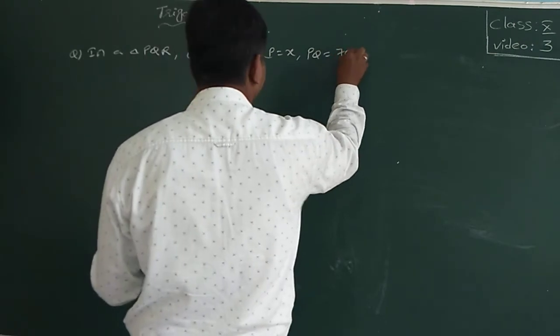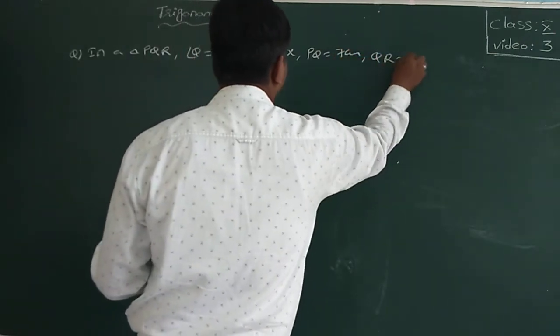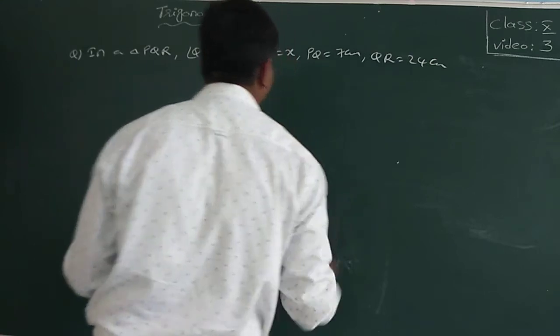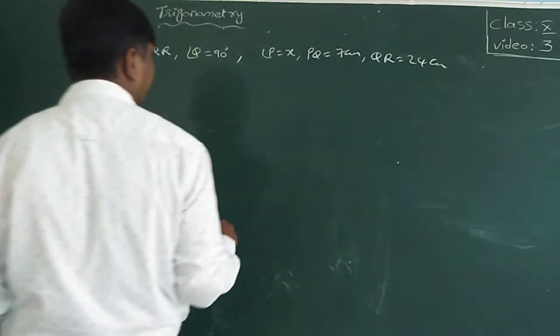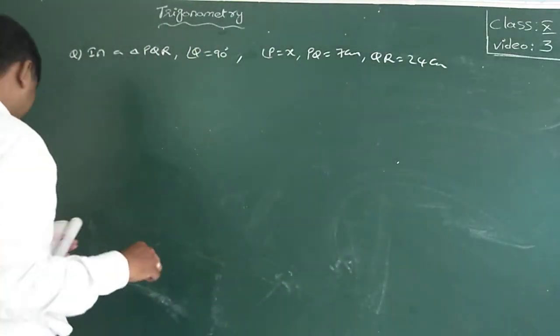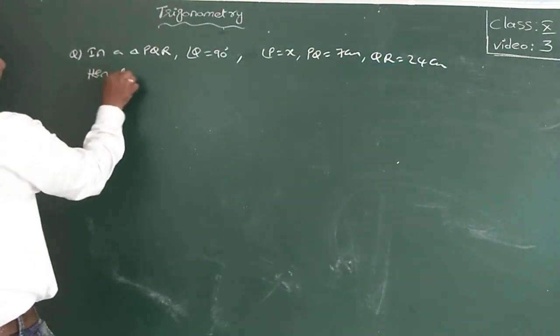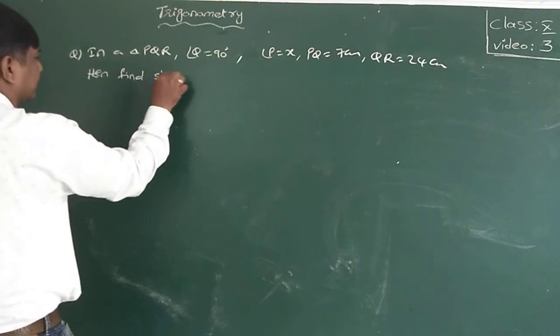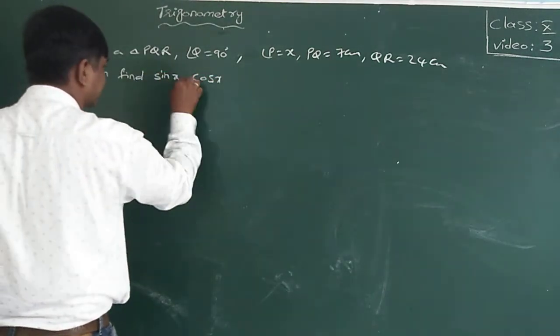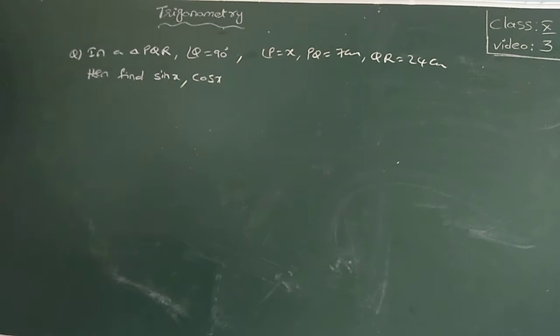PQ is equal to 7 centimeters, QR is equal to 24 centimeters. Then find sin x and cos x.